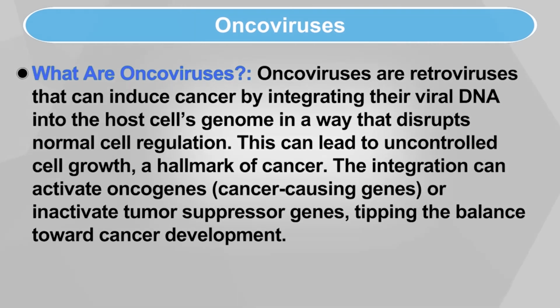This can lead to uncontrolled cell growth, a hallmark of cancer. The integration can activate oncogenes, that are the cancer-causing genes, or inactivate tumor suppressor genes, triggering an imbalance, and it can cause the development of cancer.